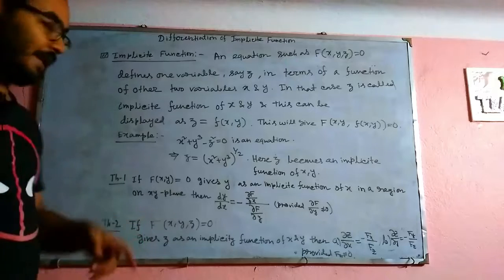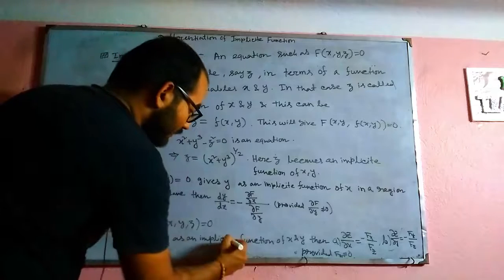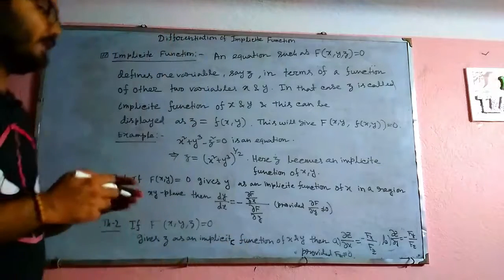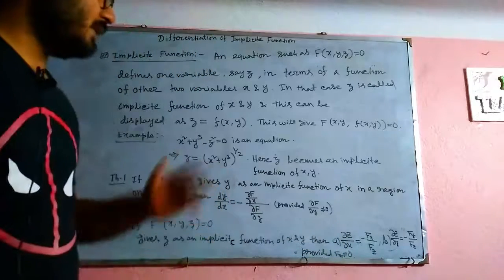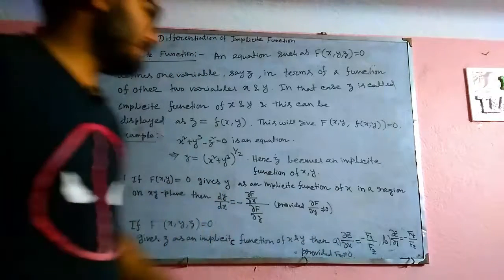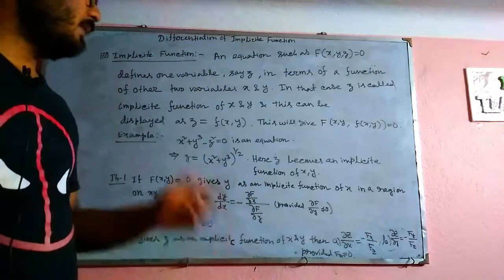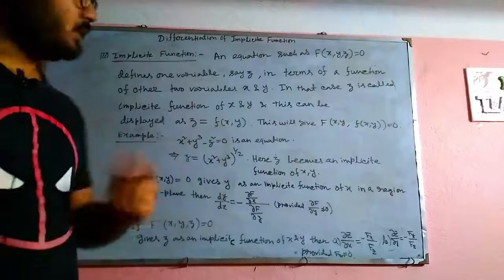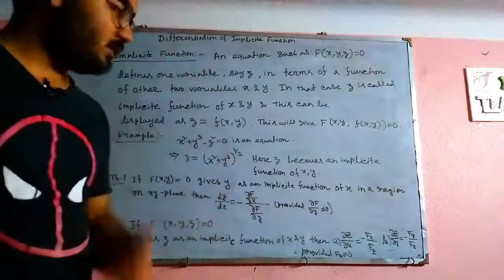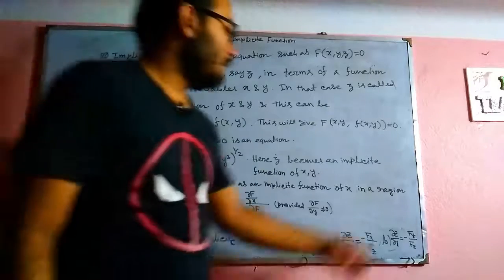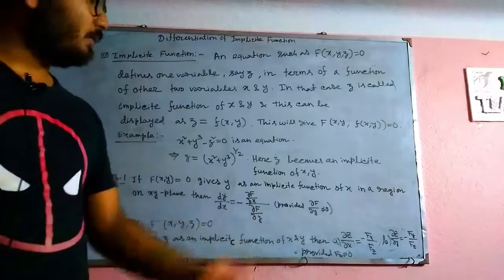And theorem 2 is: if f(x,y,z) is equal to 0 gives z as an implicit function of x and y, then the partial derivative of z with respect to x is equal to minus of the partial derivative of f with respect to x by the partial derivative of f with respect to z, and del z/del y is equal to minus fy by fz.